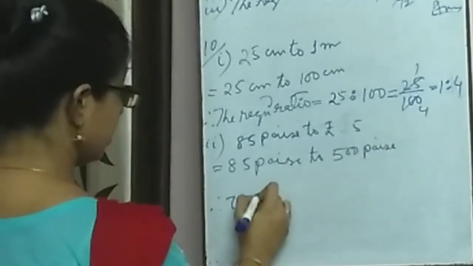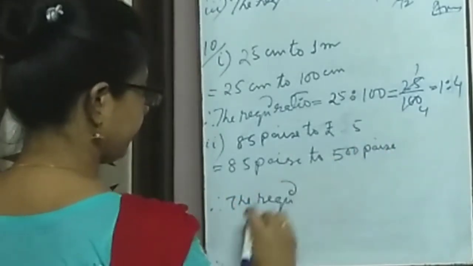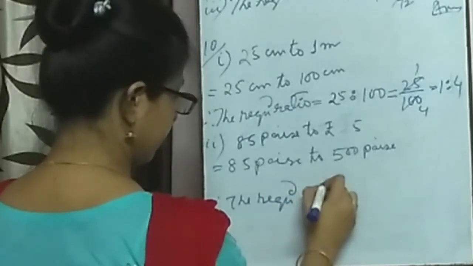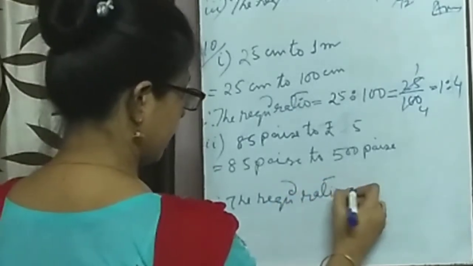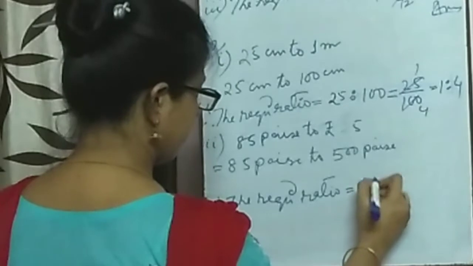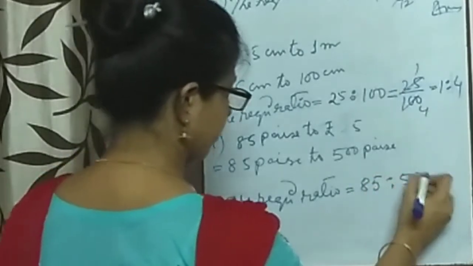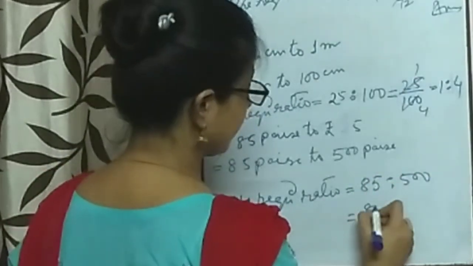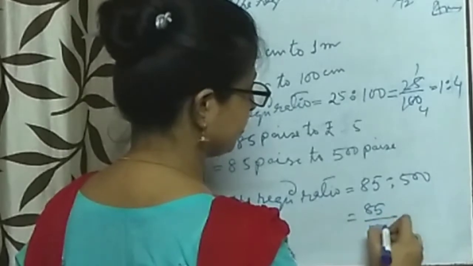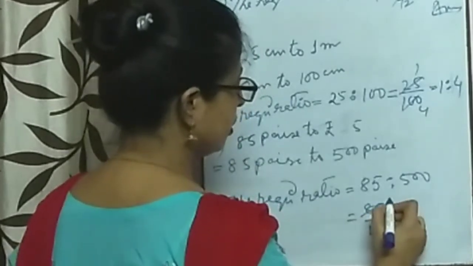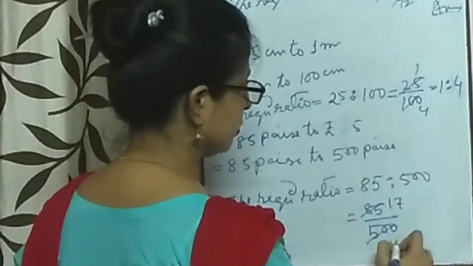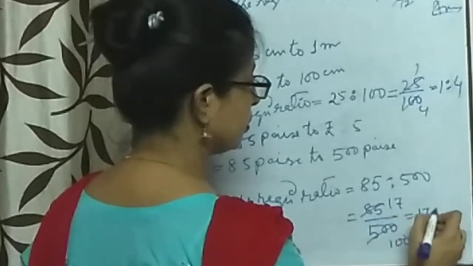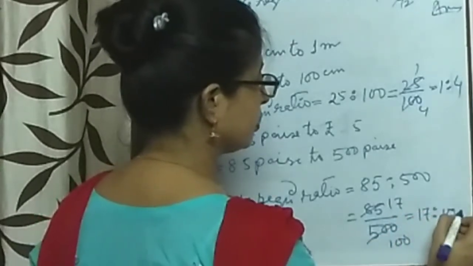Therefore, the required ratio is equal to 85:500. Get them cancelled.